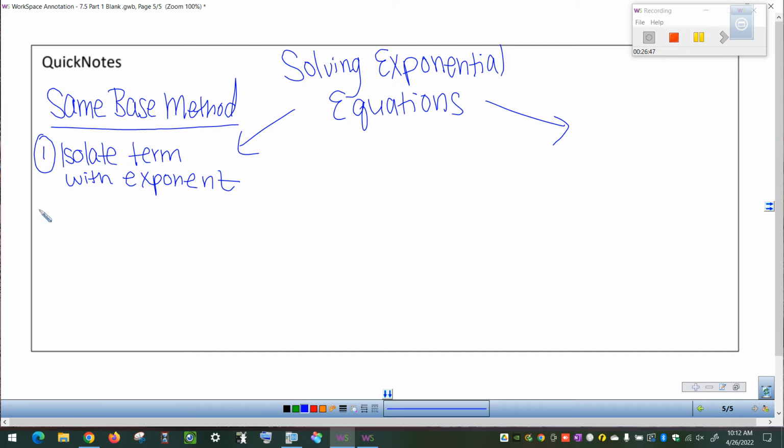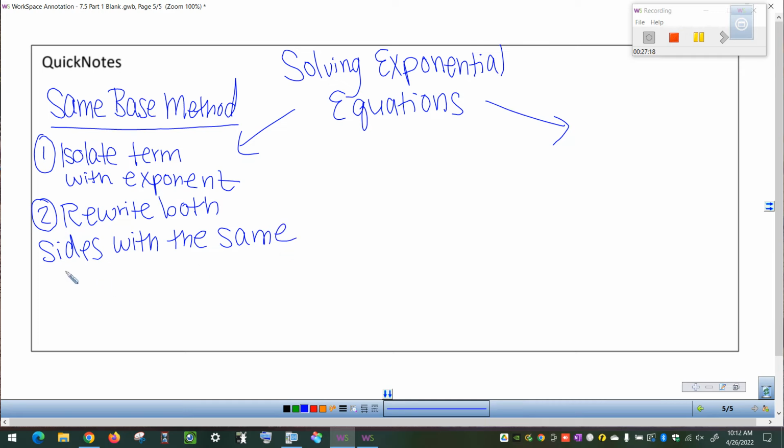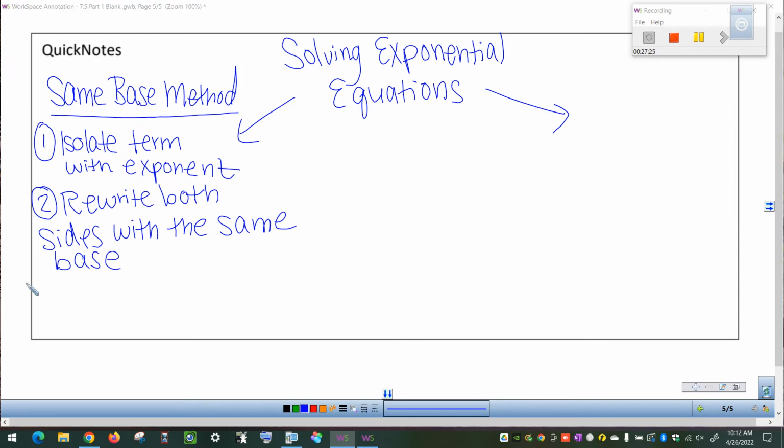So we want to get that term by itself, and then our second step was just to rewrite both sides with the same base. Once we did that, we just simply set the exponents equal.